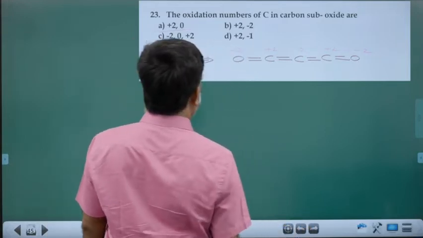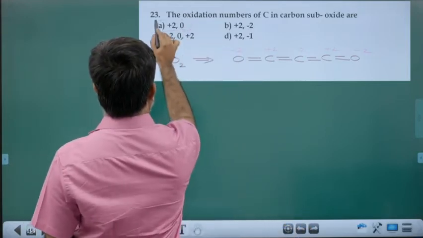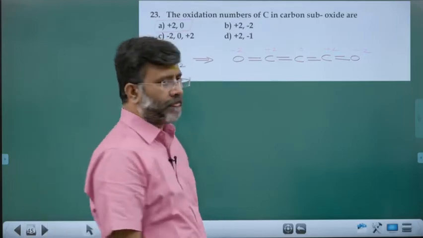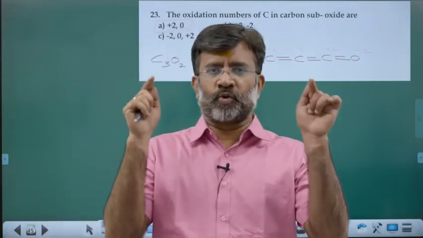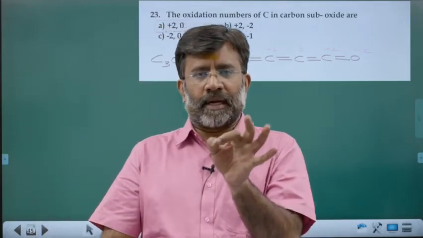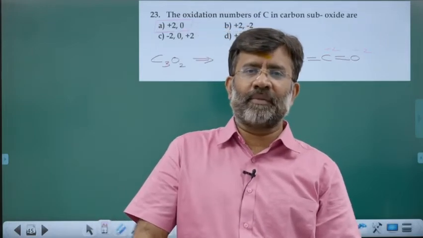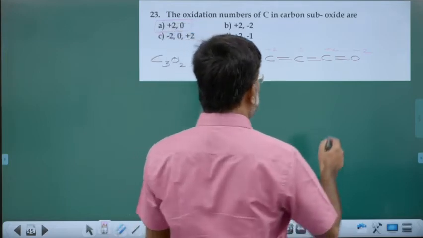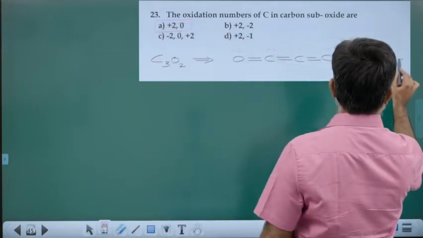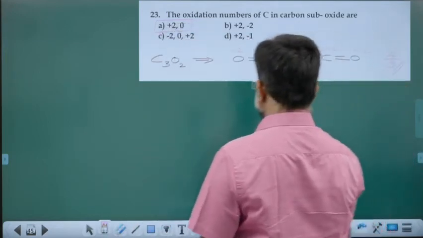It is option A, plus 2 and 0. The two terminal carbon atoms are plus 2 and the central carbon atom is 0. And the average will come to 4 by 3. Next.